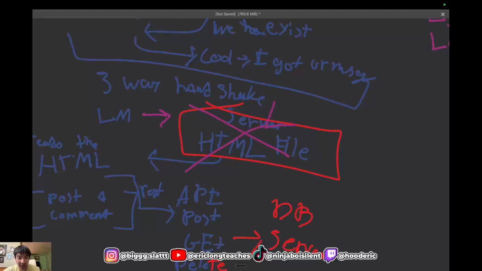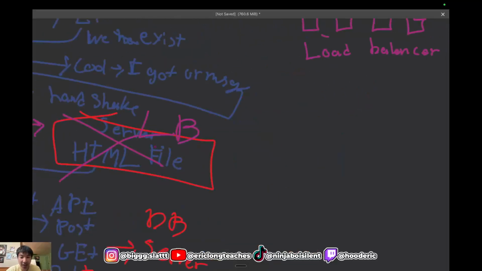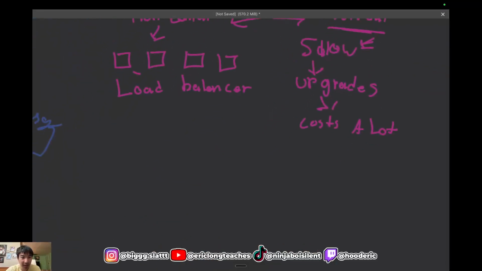Instead, it talks to the load balancer. I'm just going to say the LB, right? So this is your local machine, your LM. It talks to the load balancer. LB is just, let's just say, a big square, right? And then you're gonna have a bunch of servers like this under that.